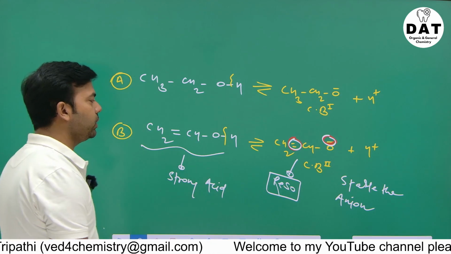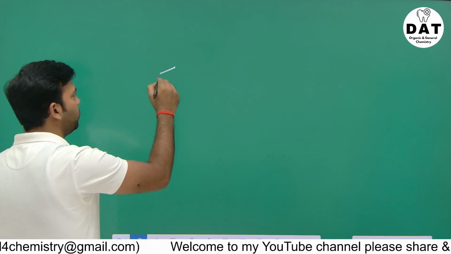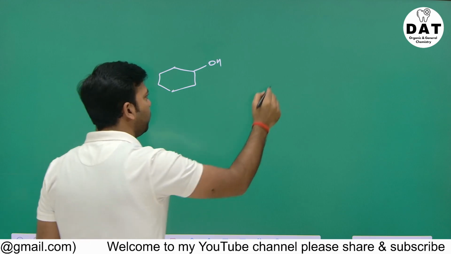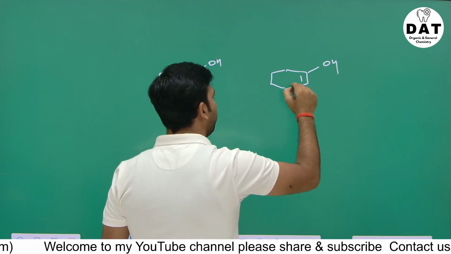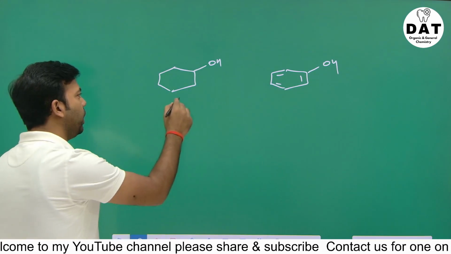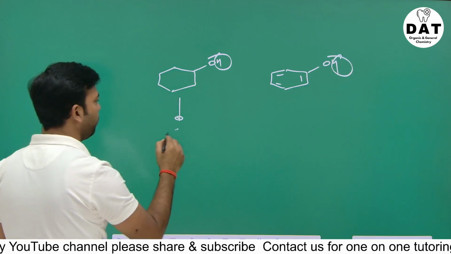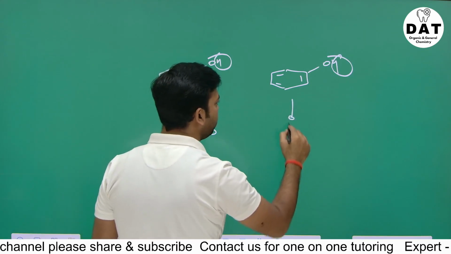A lot of questions can come from this theory part. Look at this one. Suppose we have cyclohexanol and we have phenol. This is called phenol. My question is, which one is more acidic? Again, you have to eliminate the proton, so it will form this negative ion, and here we have this one.